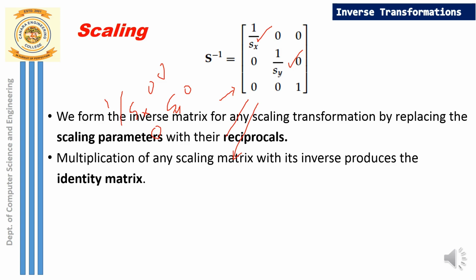I'm sorry, it is the scaling one only that will produce the identity. So you know the inverse translation. Inverse translation is actually indicating the minus sign, negative sign. So for inverse translation, you cannot simply multiply with the translation matrix in order to get the identity matrix. There only the scaling, since it is a reciprocal, when you multiply that with the scaling matrix, you get the identity matrix.